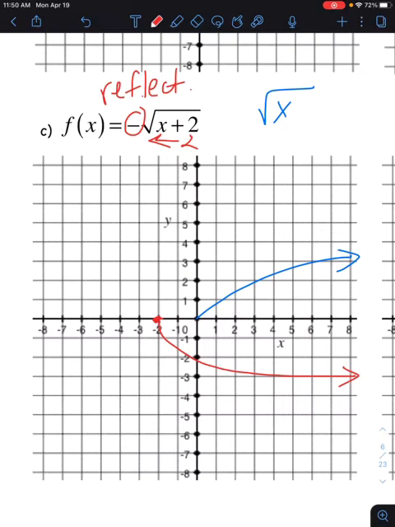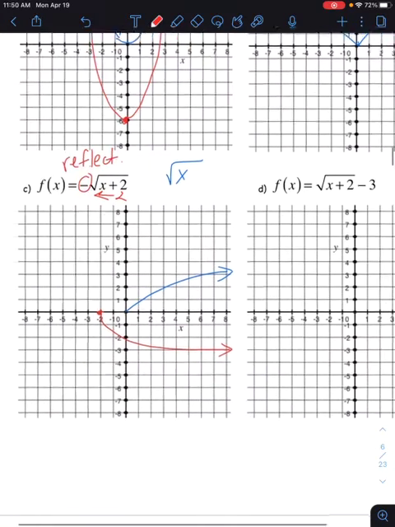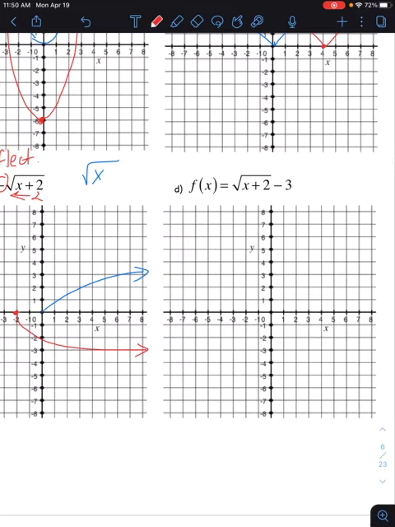All right, next up, we have another square root. So the parent is square root of x. Let me draw the parent first. So now, what are these two things? Well, x plus 2 we had on the previous problem. To the left, that was a left 2.